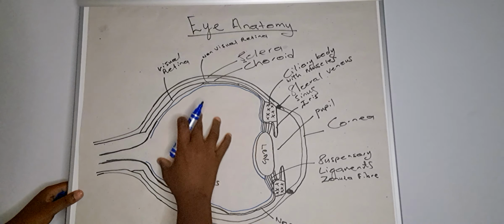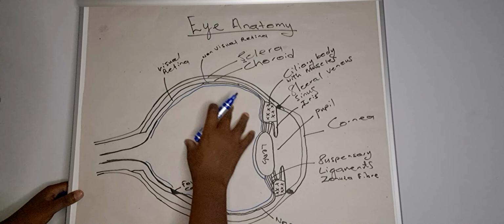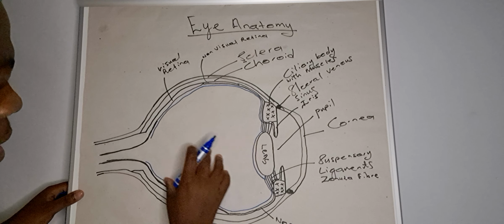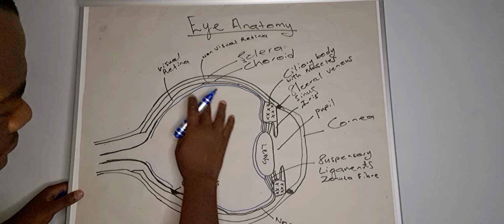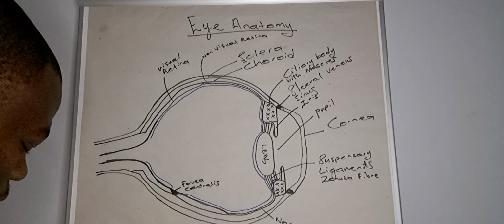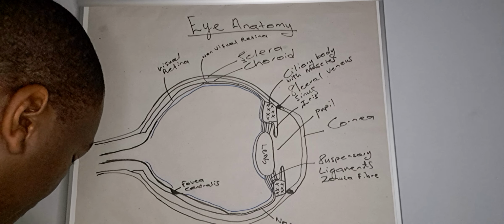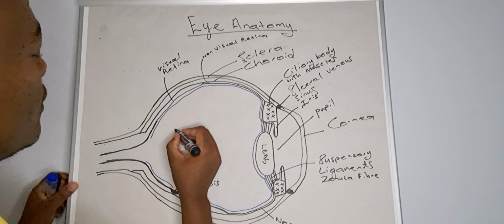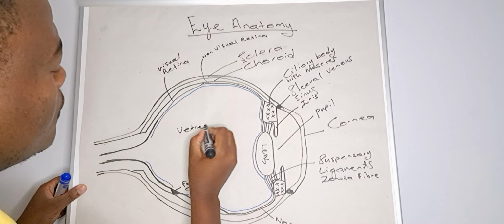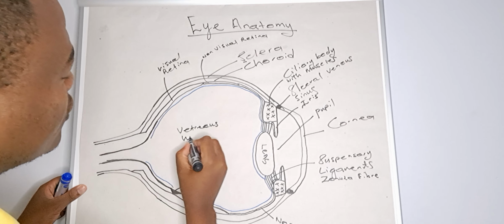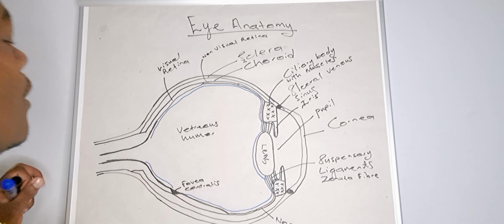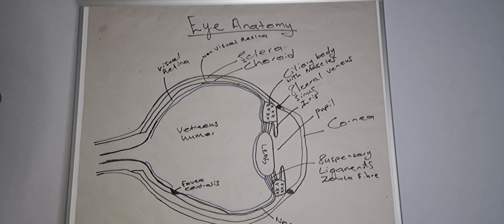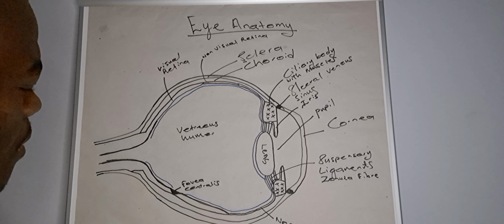What is the name of this layer, of this particular chamber just after the lens? We call it the vitreous humor. Let me just write it for you quickly. Vitreous humor. Or you can call it a vitreous chamber, but it's actually the same thing, don't worry.